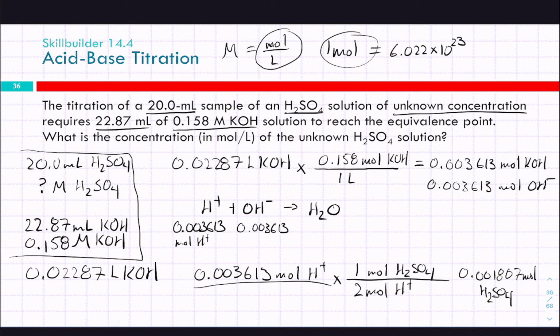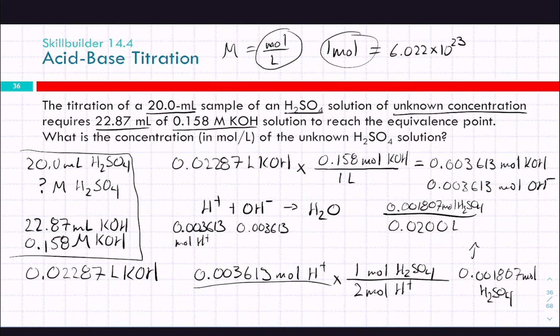We divide by 1,000, and we get 0.001807 moles H2SO4 and 0.0200 liters.